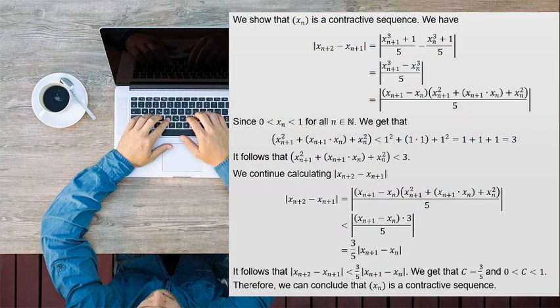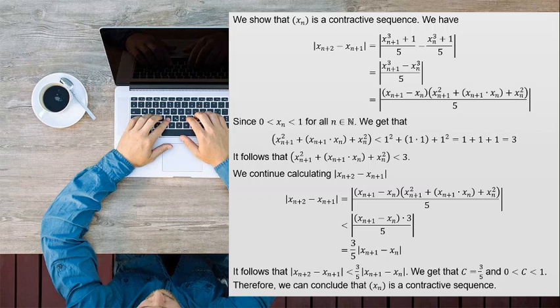Next, we will show that the sequence x_n is a contractive sequence. We have the absolute value of x_{n+2} - x_{n+1} equals the absolute value of (x_{n+1}^3 + 1)/5 - (x_n^3 + 1)/5.